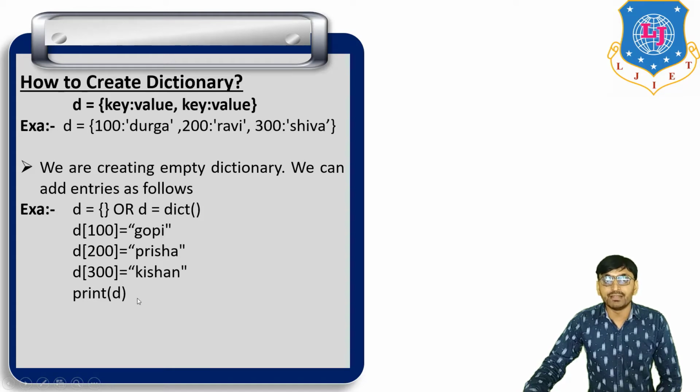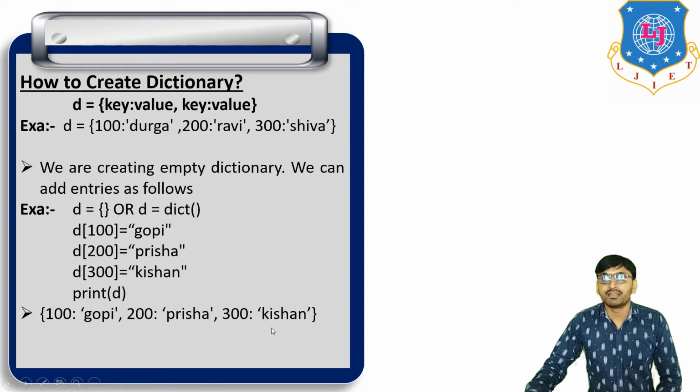Now if we print D, then we get 100 Gopi, 200 Prisha, 300 Kishan. So that is about the dictionary.